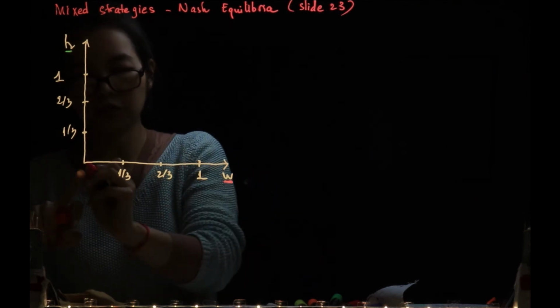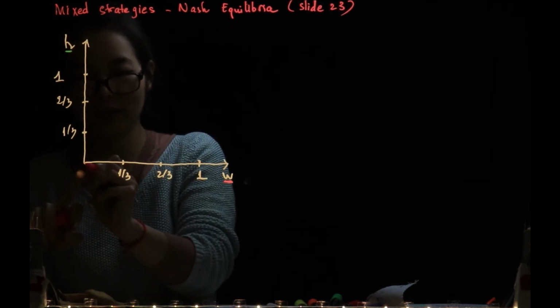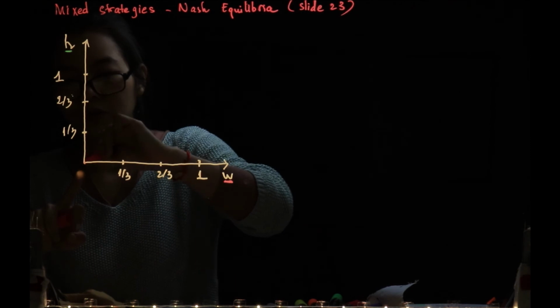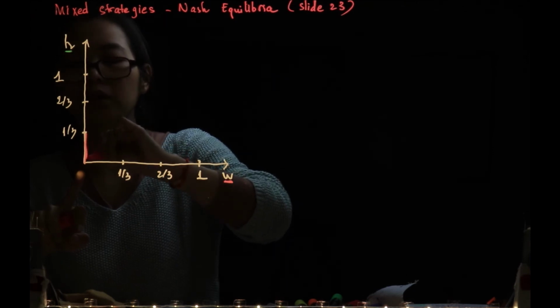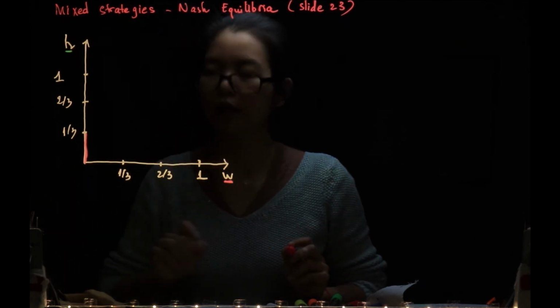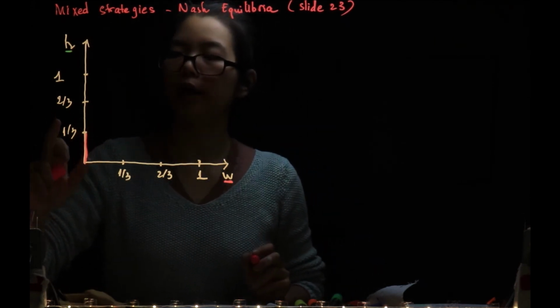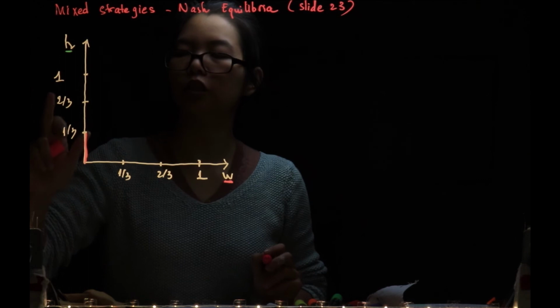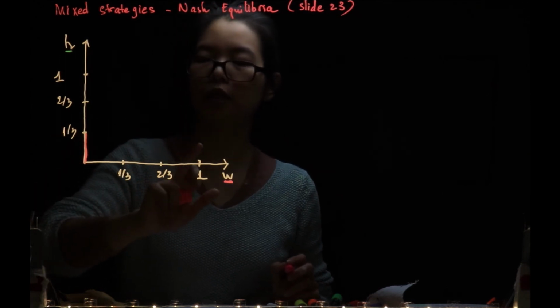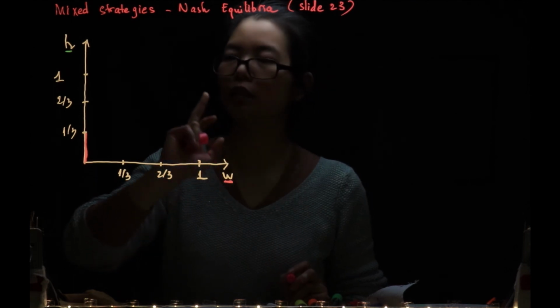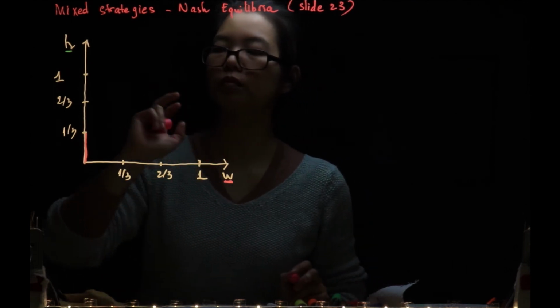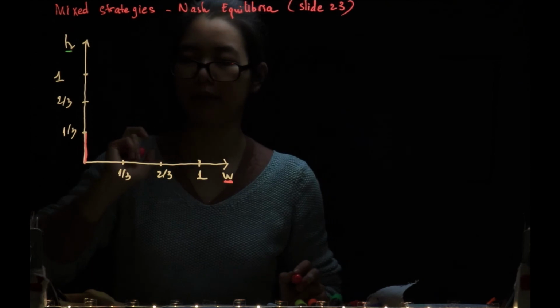So as long as H is smaller than 1/3, her probability is always 0. The second thing: when H is larger than 1/3, then she will set her probability for going to ballot, W, as large as possible, which is 1.